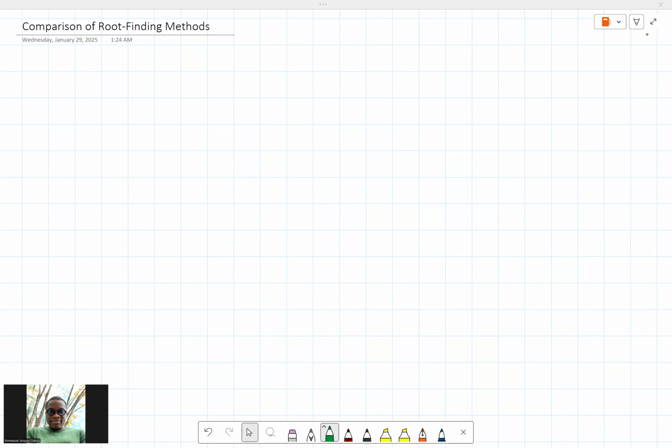I've been talking about different root finding methods: bisection, secant, fixed point iteration, and of course, Newton-Raphson.